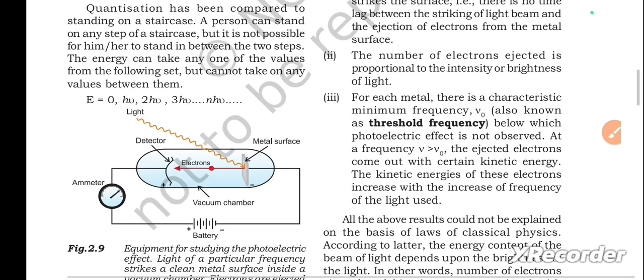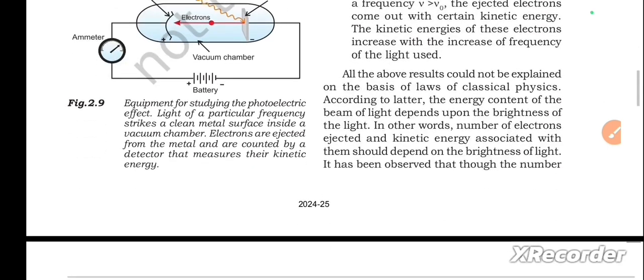Third, for each metal there is a characteristic minimum frequency ν0, also known as threshold frequency, below which photoelectric effect is not observed. At a frequency ν greater than ν0, the ejected electrons come out with certain kinetic energy. The kinetic energies of these electrons increase with the increase of frequency of the light used.